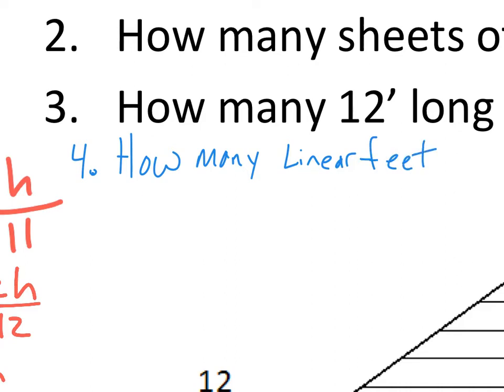All right, so the way we do that is like this. We're going to imagine that this siding, sometimes when you buy boards, comes in all different lengths, especially if you're talking about hardwood.